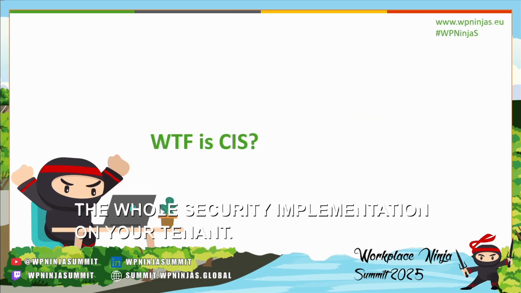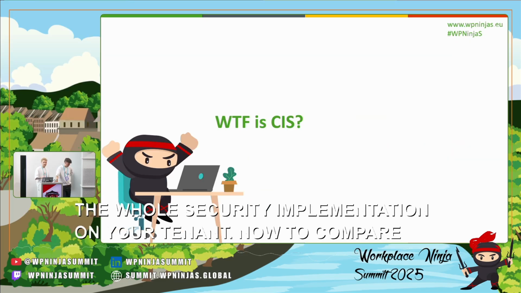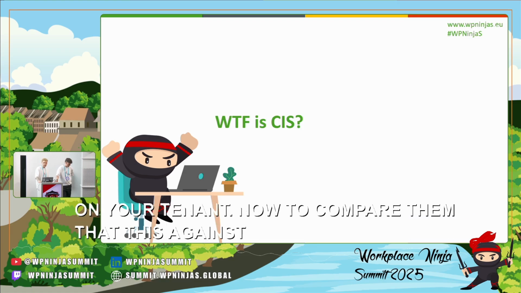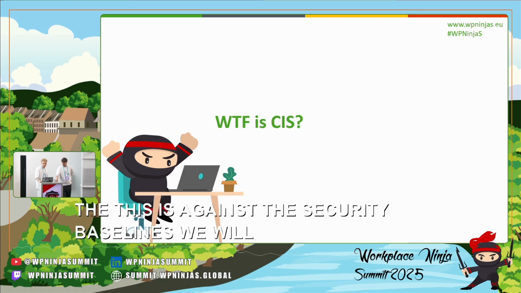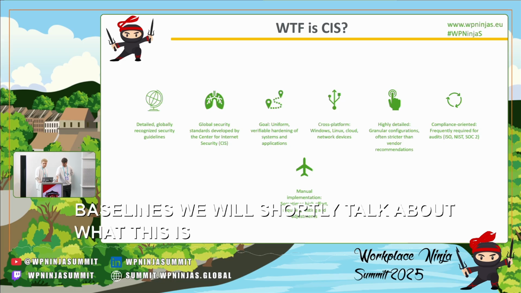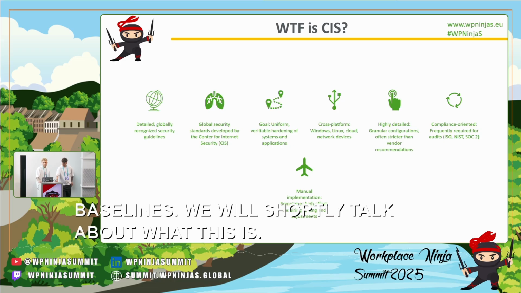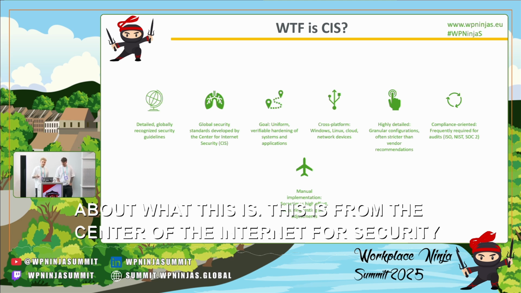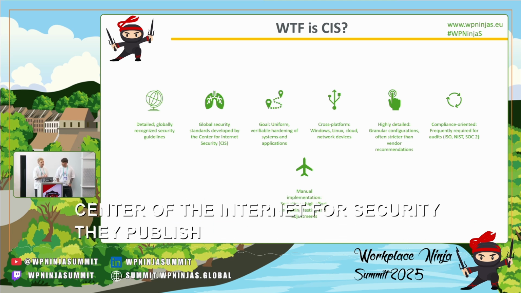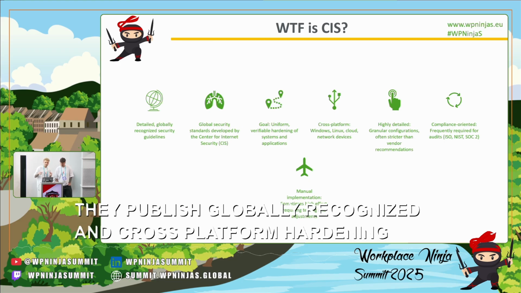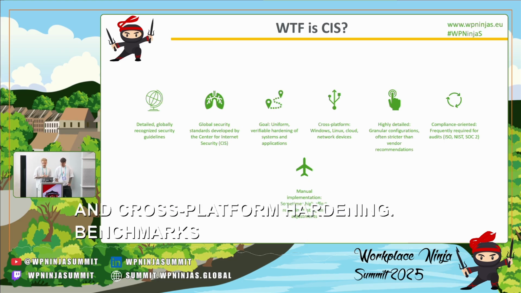Now, to compare CIS against the security baselines, we will shortly talk about what CIS is. CIS is the Center for Internet Security. They publish globally recognized cross-platform hardening benchmarks. They are very granular and stricter.